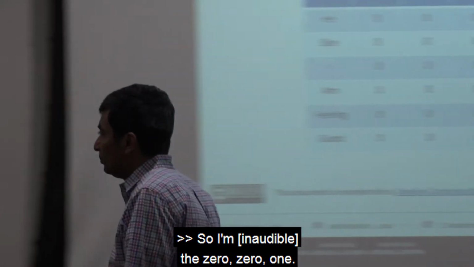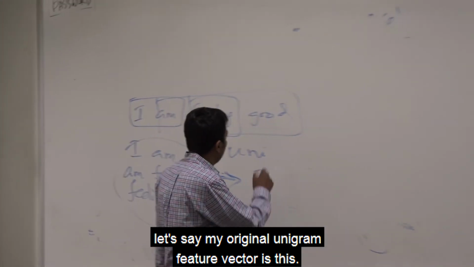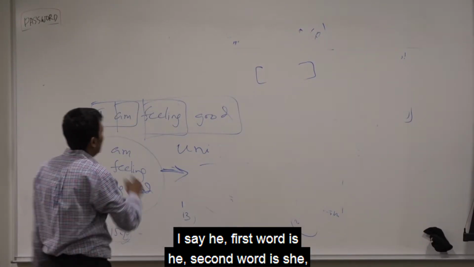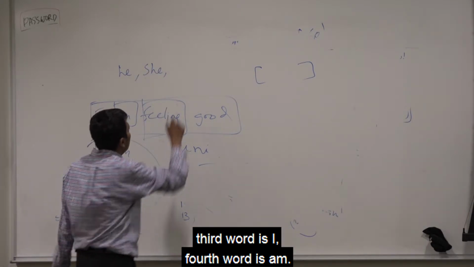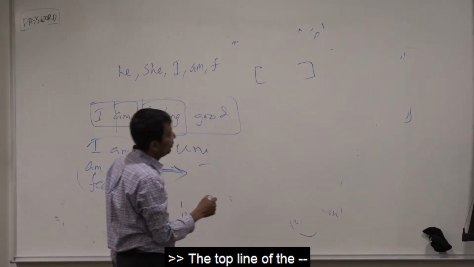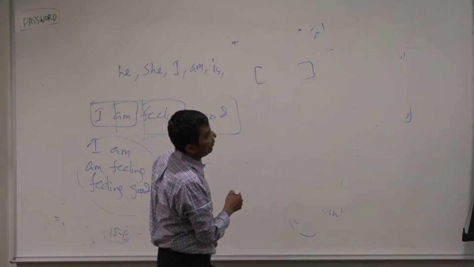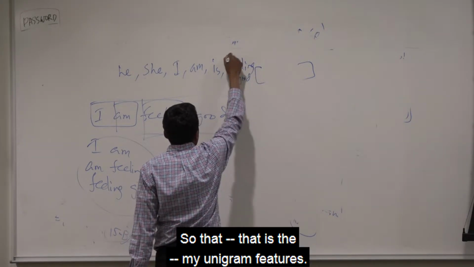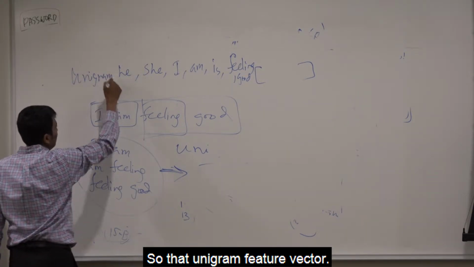So let's say my original unigram feature vector is this: the first word is he, the second word is she, the third word is I, the fourth word is am, and so on, it's on the top line of the slide, then is, then feeling, good. So that is my unigram feature vector.